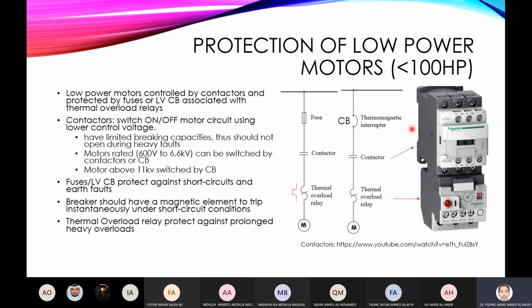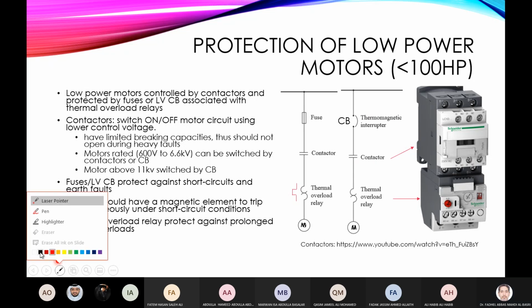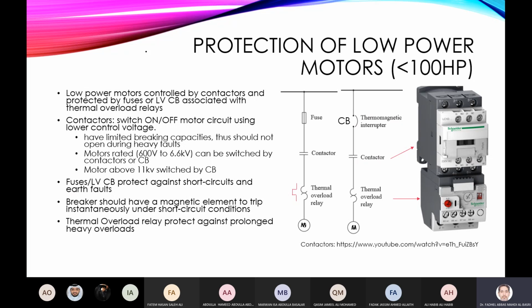So a contactor is basically a coil and a contact. If I want to draw it, it is like this. This is a core, like an E-shaped core.